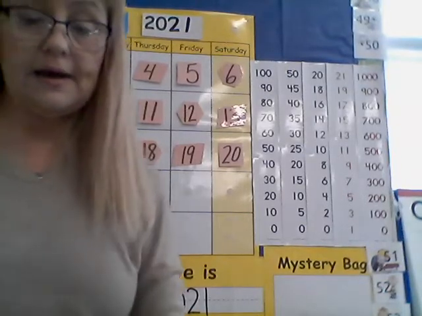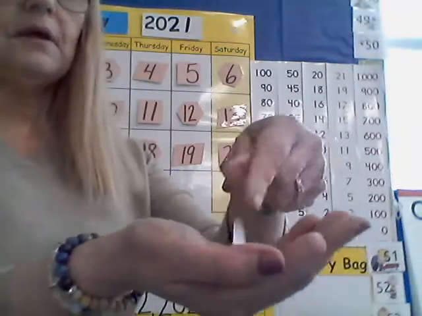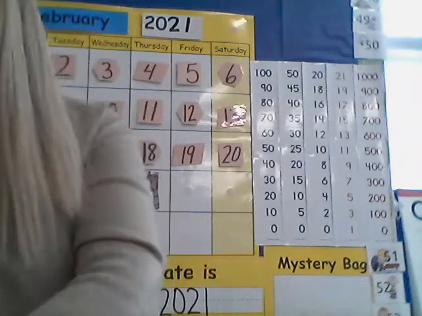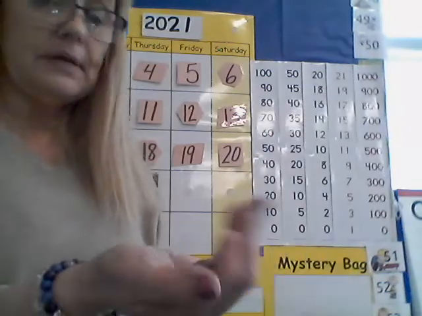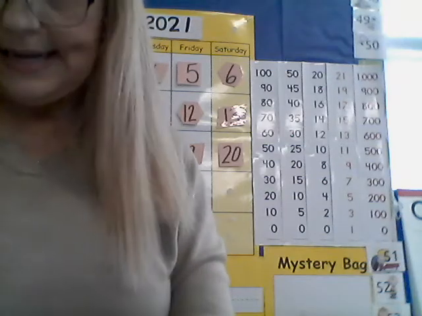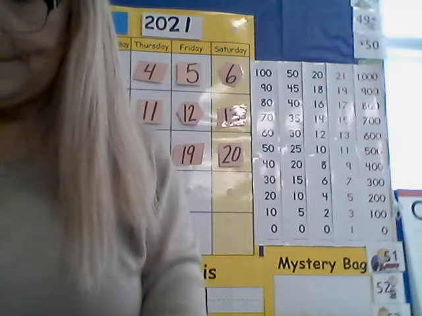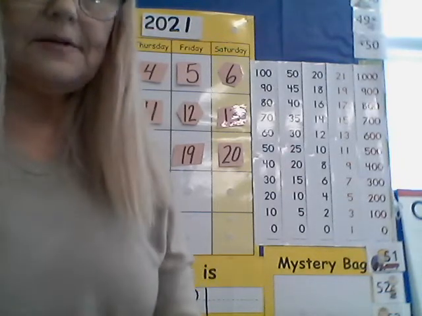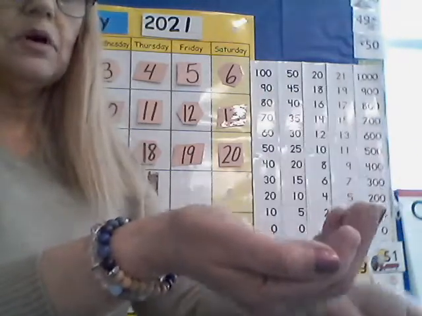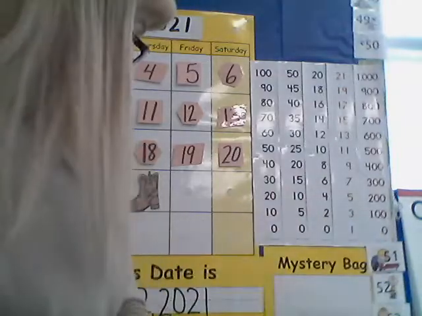Okay, so we have 1, 2, 3, 4, 5, 6, 7, 8, 9. Okay, so we have 9 dimes. So far that's correct. And let's see how many pennies we have. Okay, 1, 2, 3, 4, 5, 6, 7, 8. Okay, so we have 8 pennies.